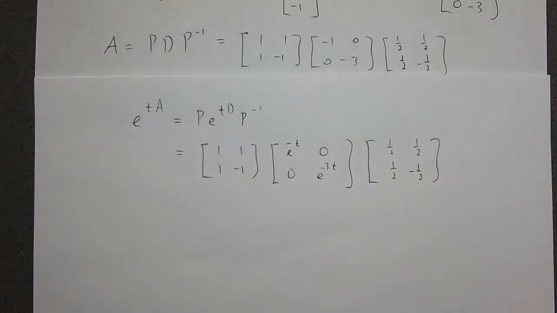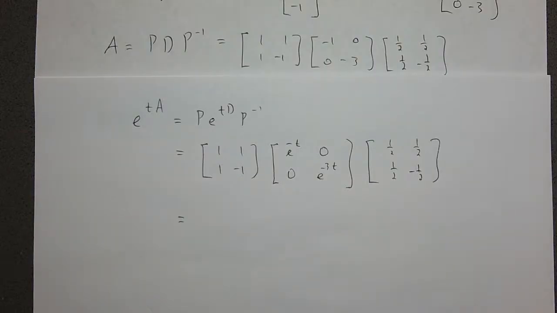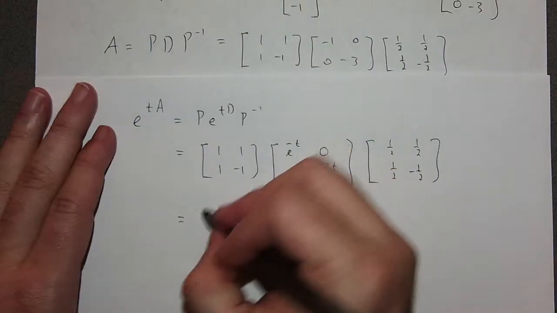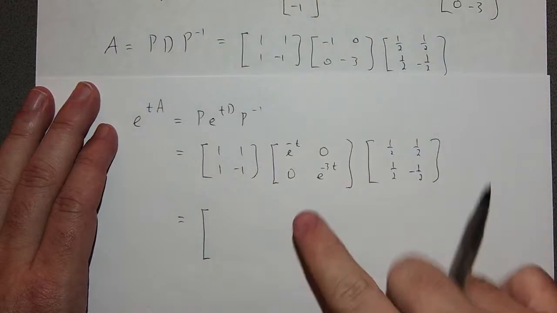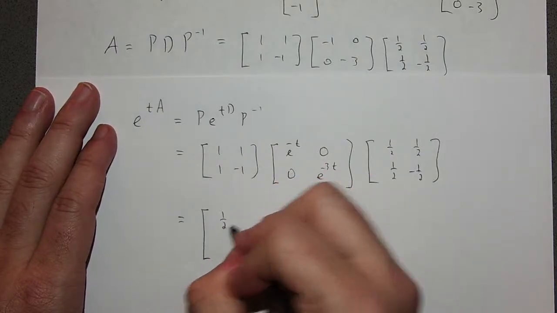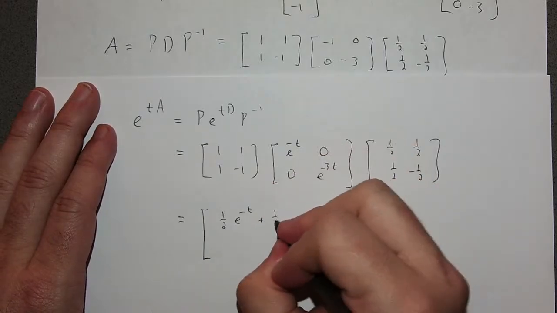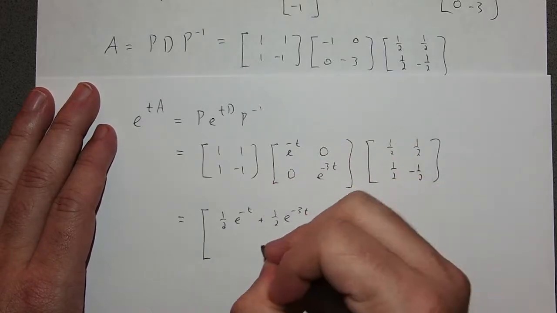Multiplying this out, what do I get? This is going to be a 2 by 2. Multiplying this out, this is 1/2 e to the minus t plus 1/2 e to the minus 3t.